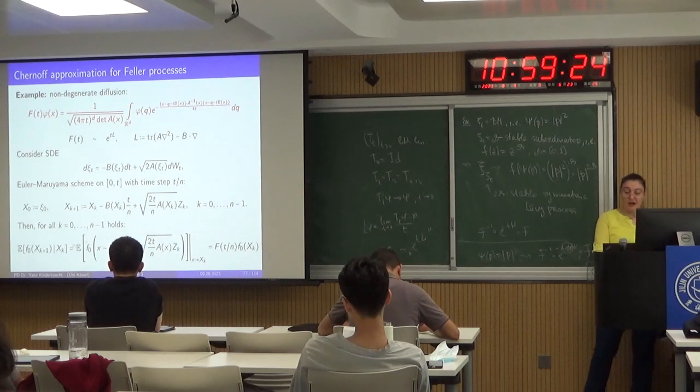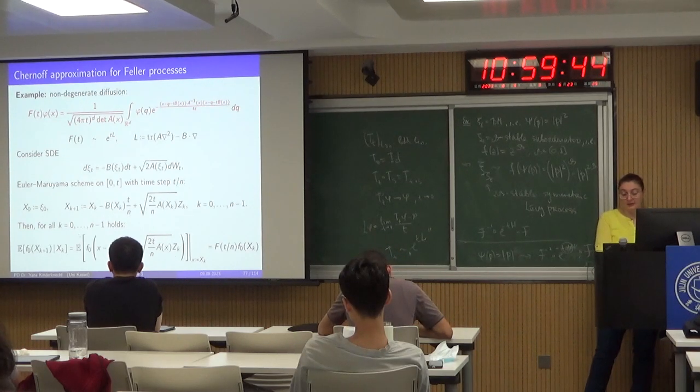So now we consider this conditional expectation. I just insert what x_{k+1} is. This is given by this formula, so I just insert it here. And I calculate the conditional expectation.